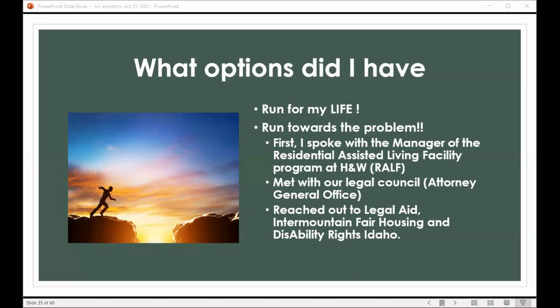My concern also was that we would see an increase in the community, in both the homeless shelters and the crisis centers, which are mental health crisis centers.